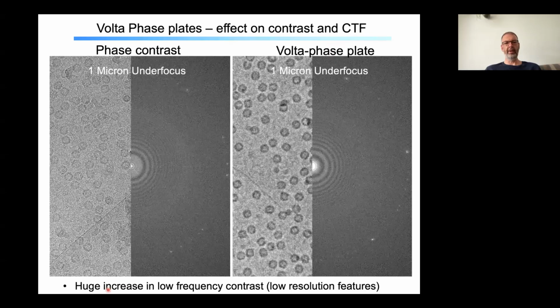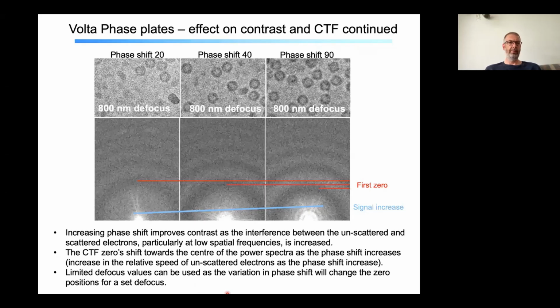So yeah, it gives you a massive increase in the contrast of how well low frequency or coarse details are transferred by the microscope. Again, depending on the charge of the Volta potential, this will build up over time as it's used.